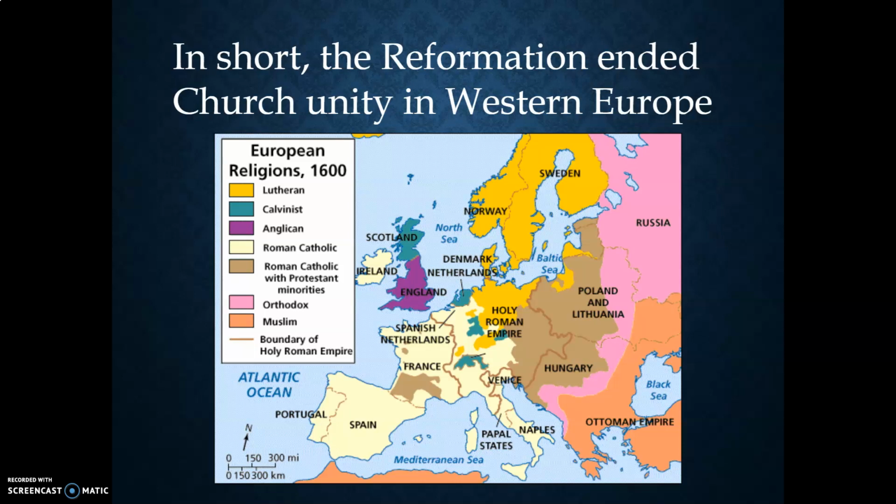So all this power, all this authority the Roman Catholic Church has, starts to deteriorate. It starts to break away because all these people start making their own denominations of Christianity. So that's how the Reformation really challenges these old ways. It challenges the church, and it really starts to erode a lot of the power and authority it has. So you start to see the decline of the Roman Catholic Church.